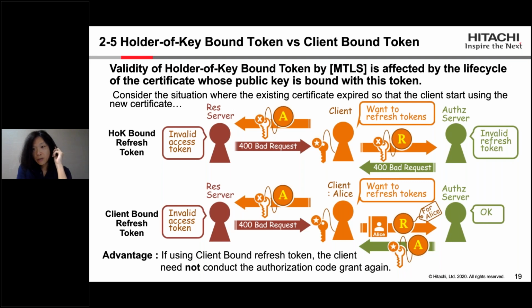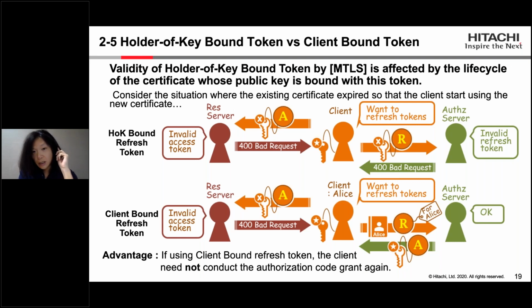To clarify this point, let's consider the situation where a client uses the MTLS method for realizing holder-of-key bound refresh and access tokens. But the existing certificate whose public key is bound with those tokens expired, so this client starts using a newly issued client certificate.